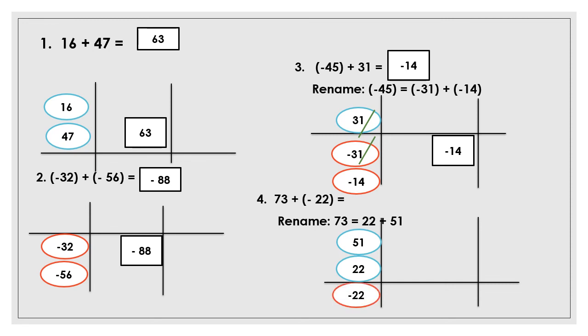Negative 22 is at the lower portion. Then 22 plus negative 22 is 0. So what is left is 51 at the upper portion. So we have 73 plus negative 22 equals positive 51.